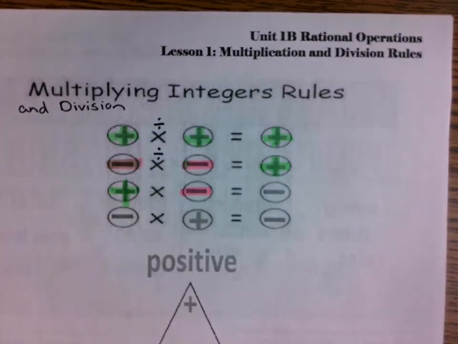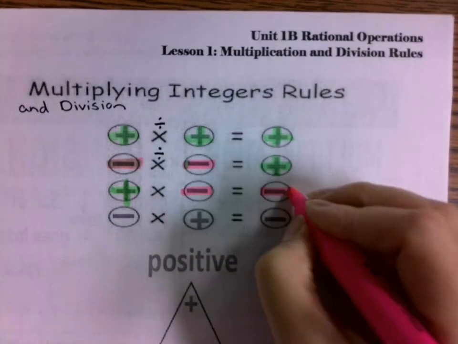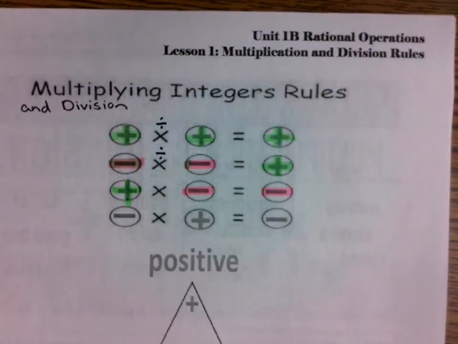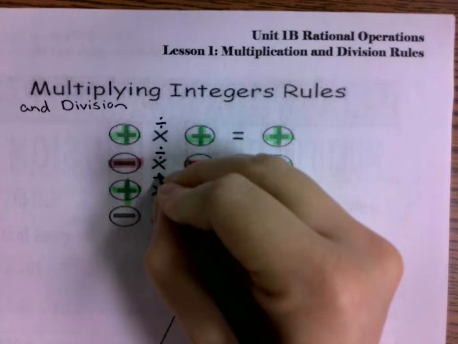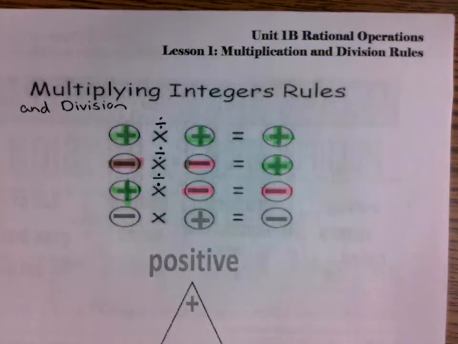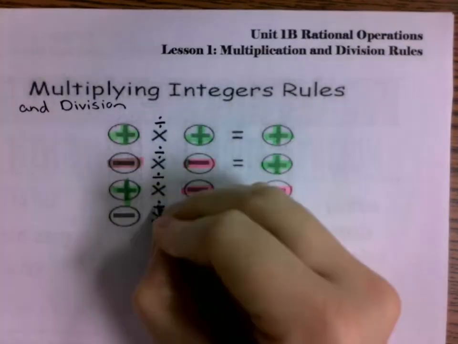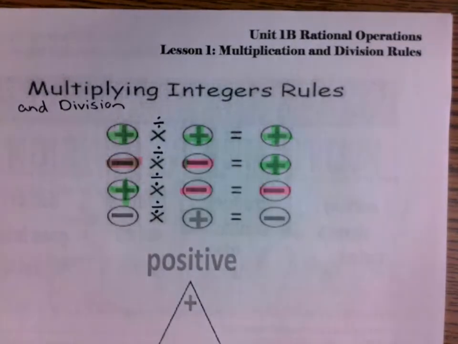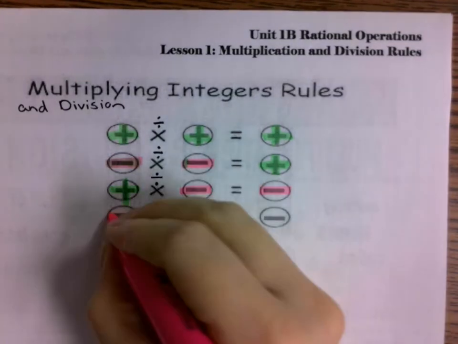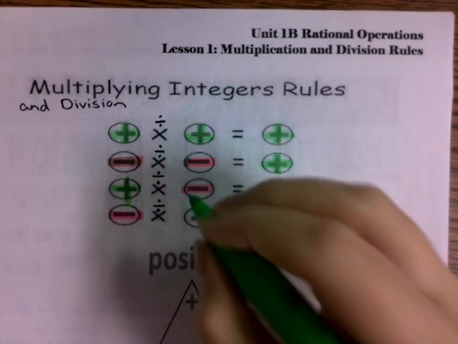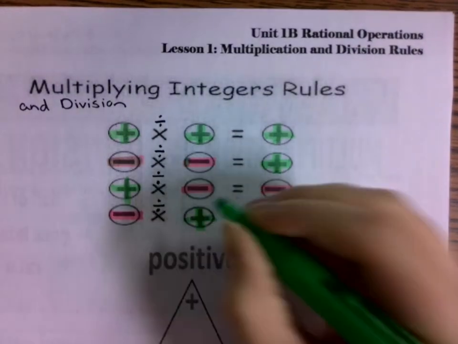A positive value, when you multiply or divide it by a negative value, it'll come out to a negative answer. And then if you take a negative value and you multiply it by a positive value or divide it by a positive value, it's going to come out to a negative as well.